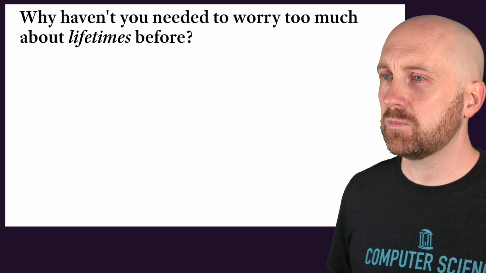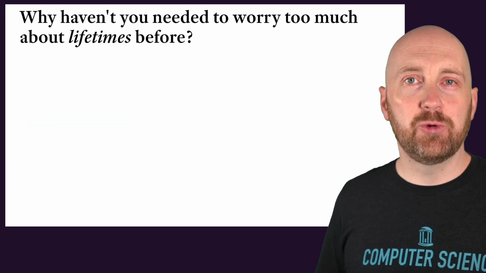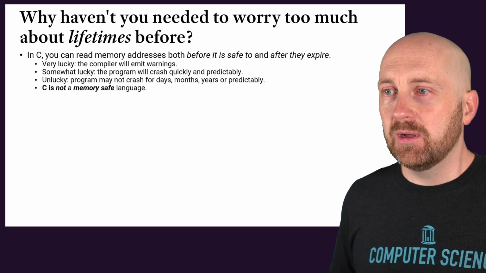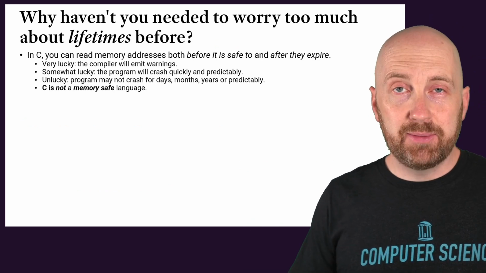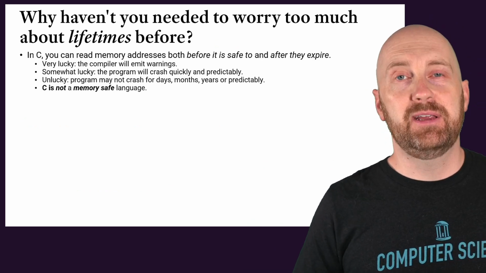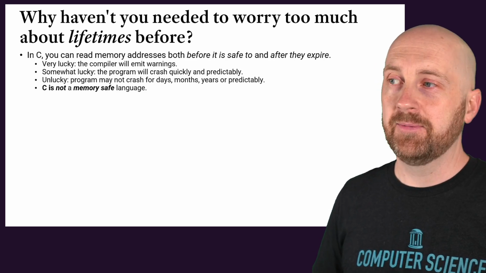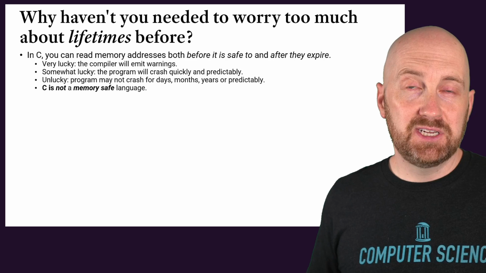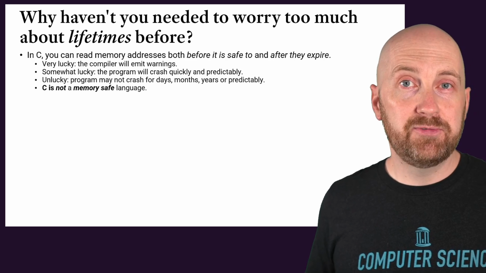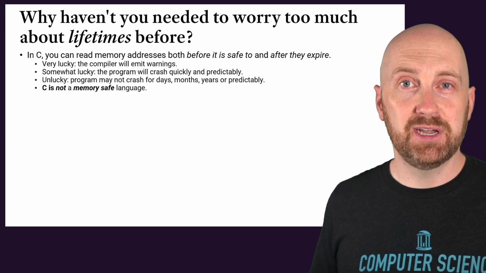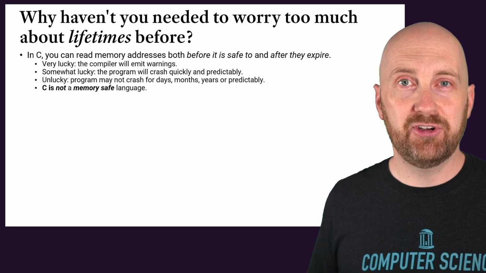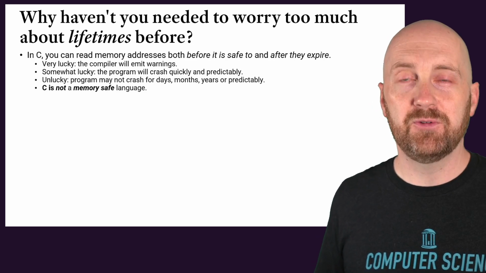Right? So why haven't you needed to worry about this before? Well, in C, you can read memory addresses before they're safe to read. And we've seen this a few times, and we'll see some more examples of it in this talk. Because of this, you can read a variable before its lifetime has officially begun. You can read a memory address before it's safe to.